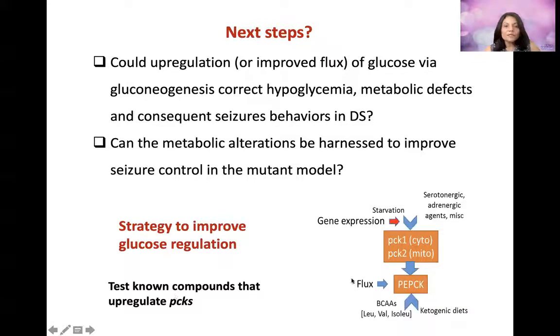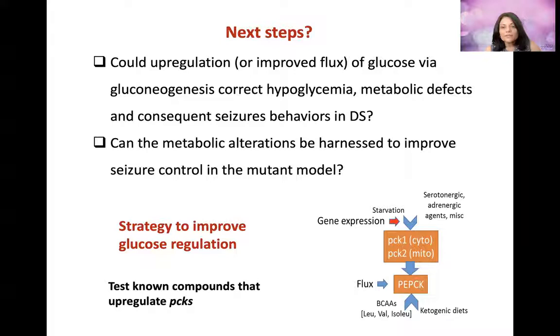And our strategy was to take a small shelf library of compounds that were known to increase the expression of either PCK1, which resides in the cytosol, or PCK2, which resides in mitochondria, or improve the flux through the enzyme itself, and ask whether these could improve metabolism in the DS model.